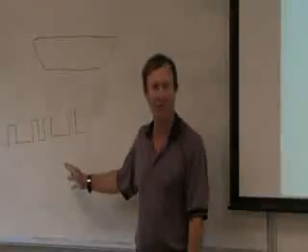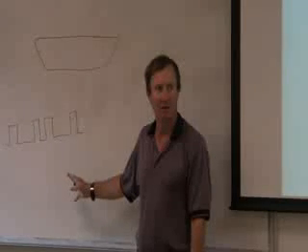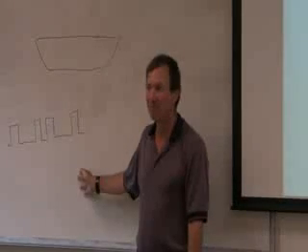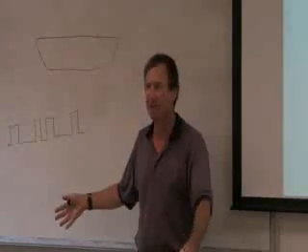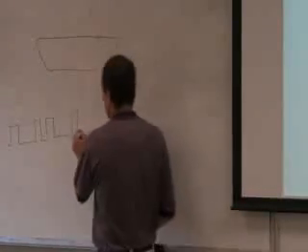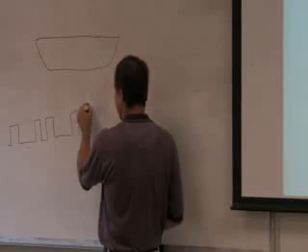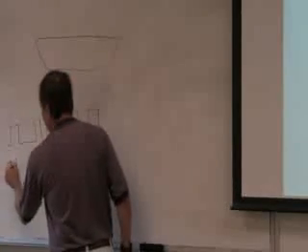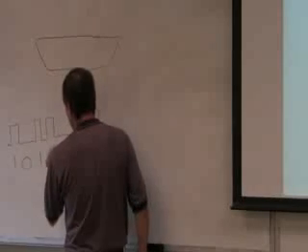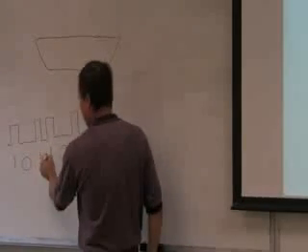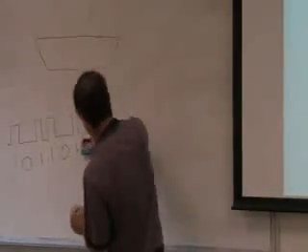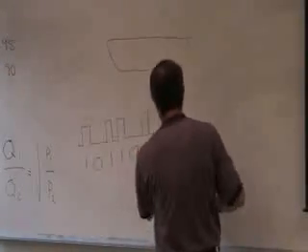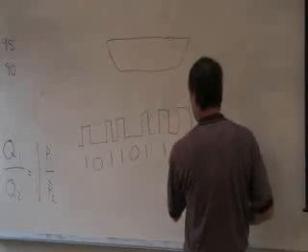How many bits do we have for a byte? Usually 8 for a signal. So this is a 1, 0, 1, 1, 0, 1, and so on.